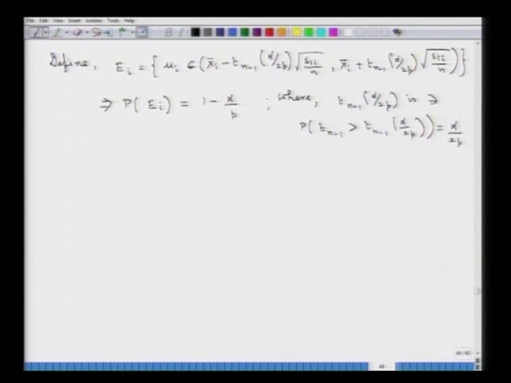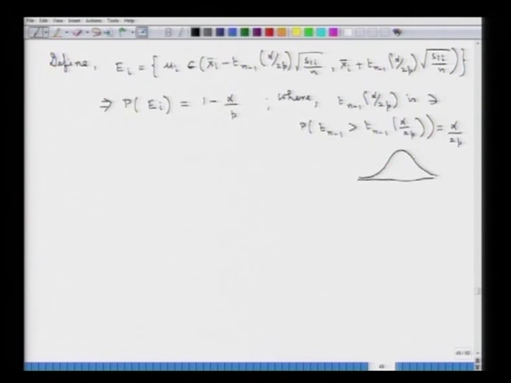So, we will have alpha by 2p to the right of this, and alpha by 2p to the left of the negative of this particular term. The areas on the right and the left of the positive t alpha by 2p and the negative of it would sum up to alpha by p, and hence the area between them, this is what I am trying to convey.